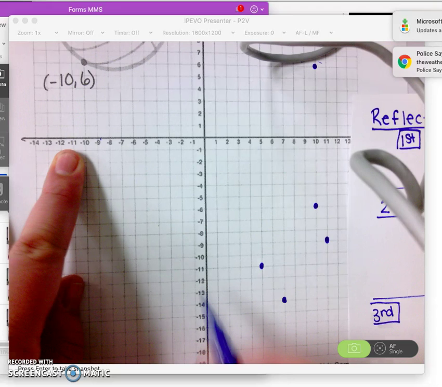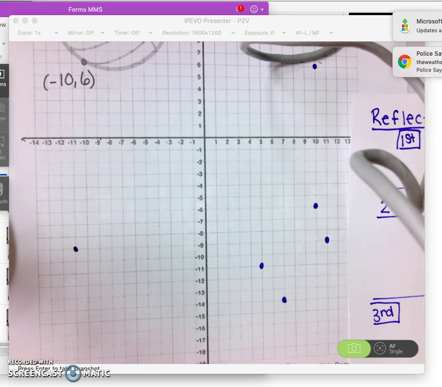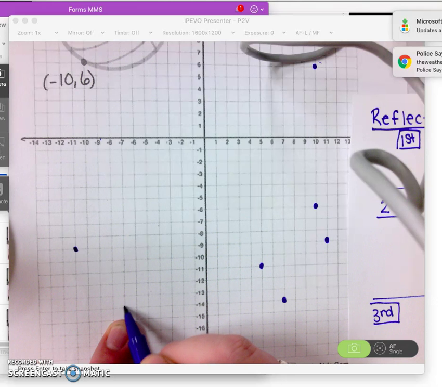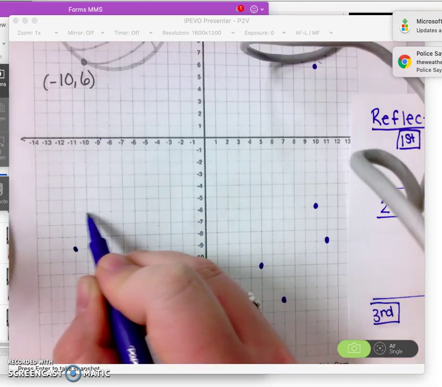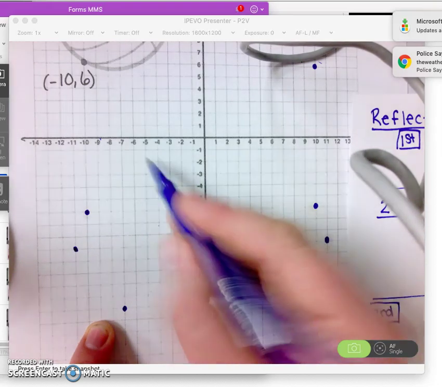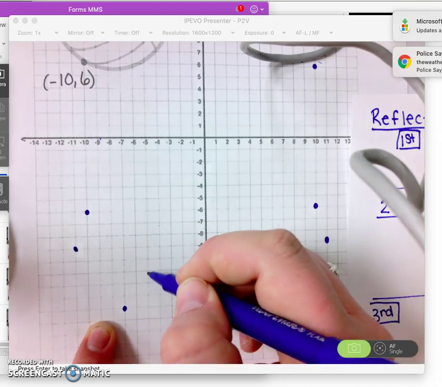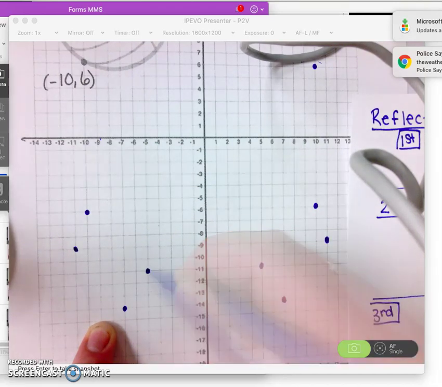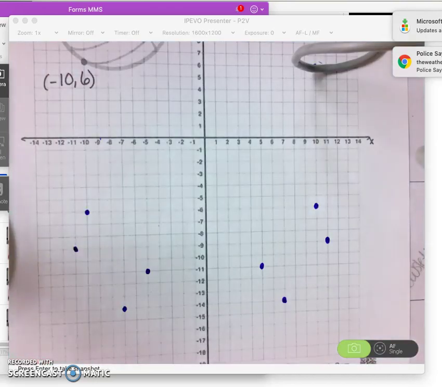So negative 11, 9, negative 7, 14, negative 10, 6, and 5, negative 5, negative 11. There we are. And then we can draw our picture later using maybe an outline. But that is reflection.